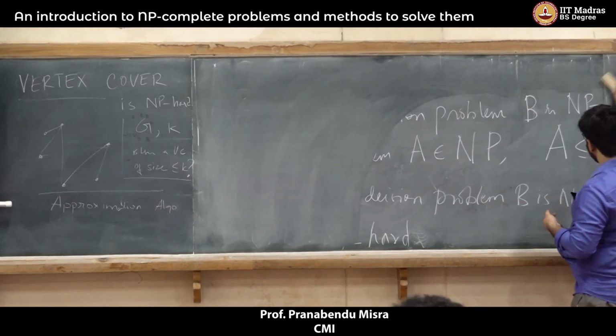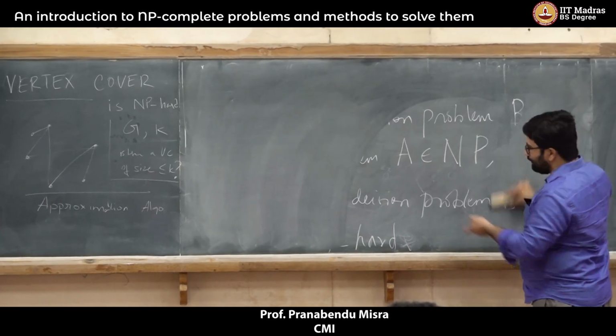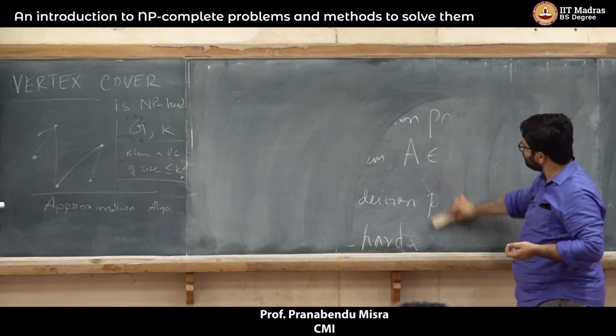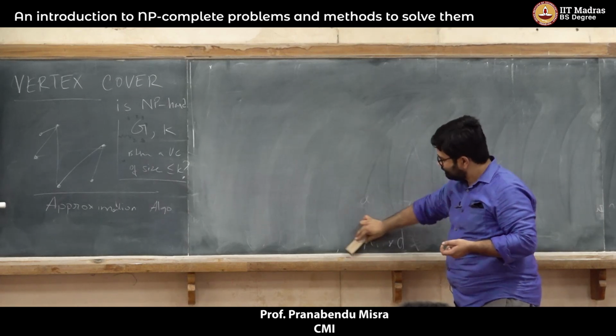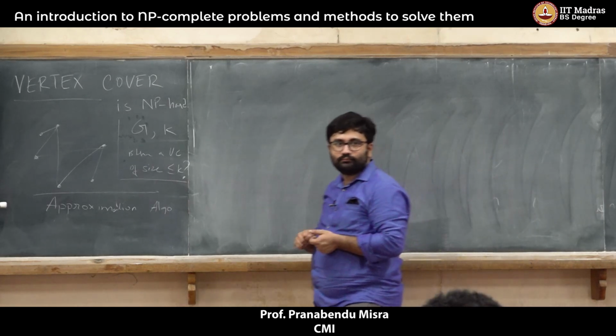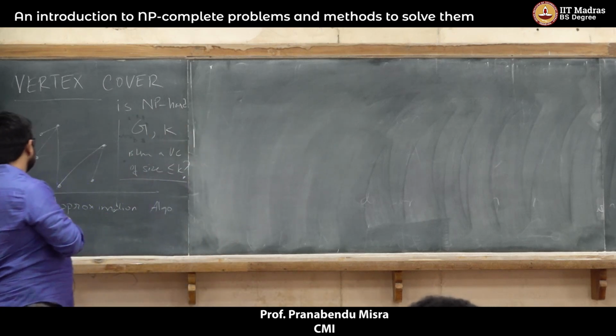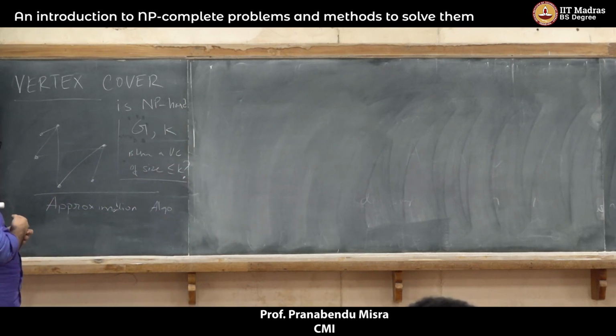Can anyone guess how we should state this approximation question for vertex cover? Any ideas? So what do we want?